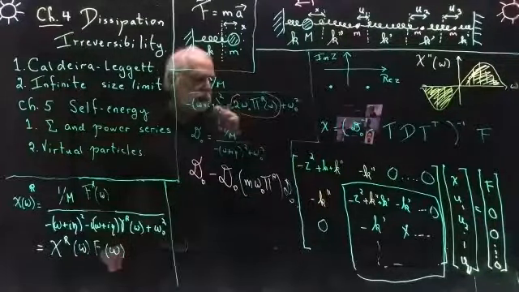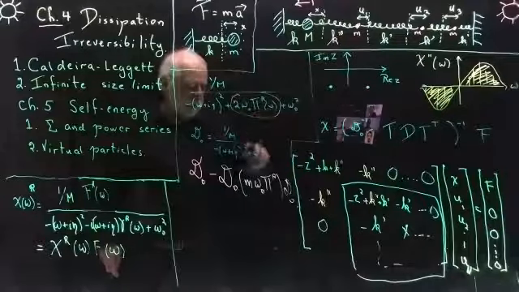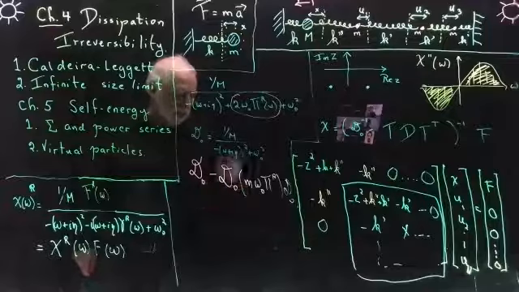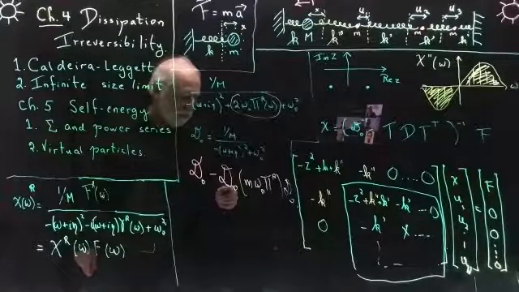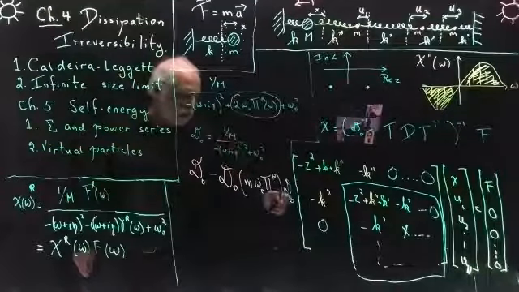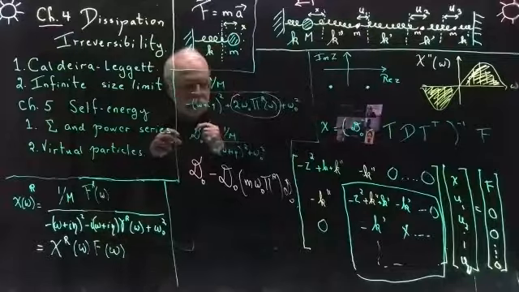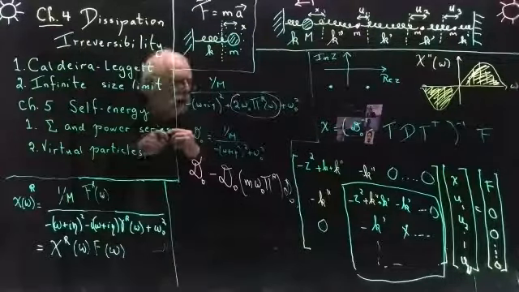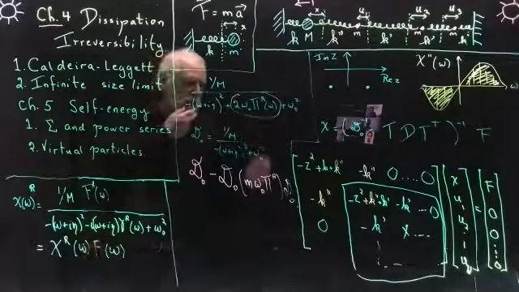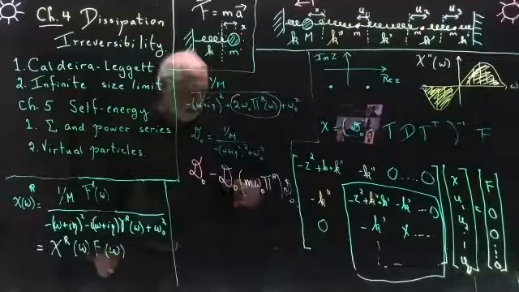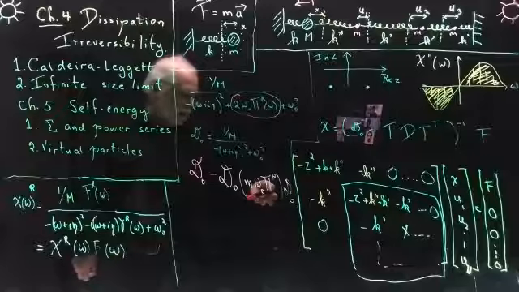Because the poles are given by this. If I look at the poles of this, I have this pole that I expect, but here I have the square of that thing, and that doesn't make any sense according to our exact results. So when you do a power series in D0, the first term you get is this.